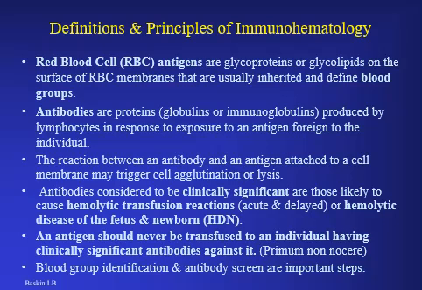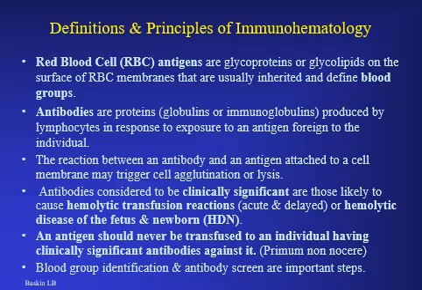And the reaction between an antibody and an antigen that's attached to a cell membrane will lead to either cell agglutination or lysis. Now, antibodies are considered to be clinically significant if they have the potential to cause either a hemolytic transfusion reaction, and it could be either acute or delayed, or hemolytic disease of the fetus and newborn.